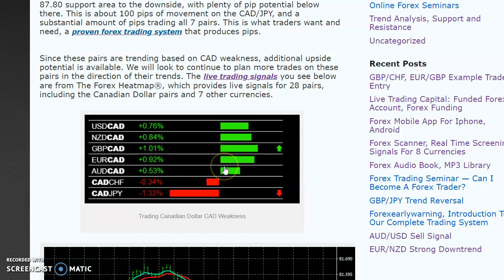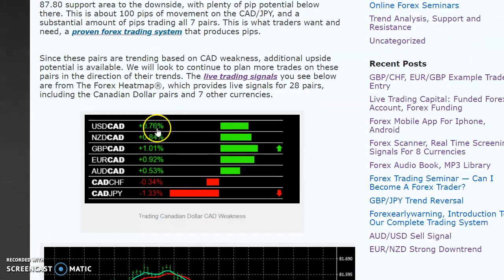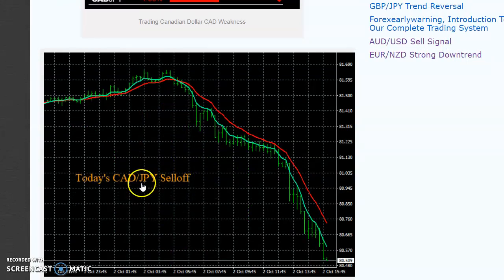So when this hit, you got your alert, and the Canadian dollar was starting to weaken, and then it just sold off. So the Forex Heatmap specifies to buy the pound Canadian or sell the Canadian dollar yen. So this is the intraday sell-off.